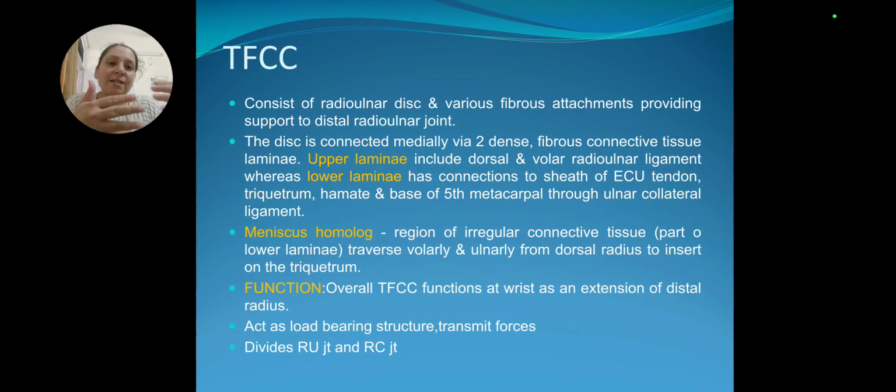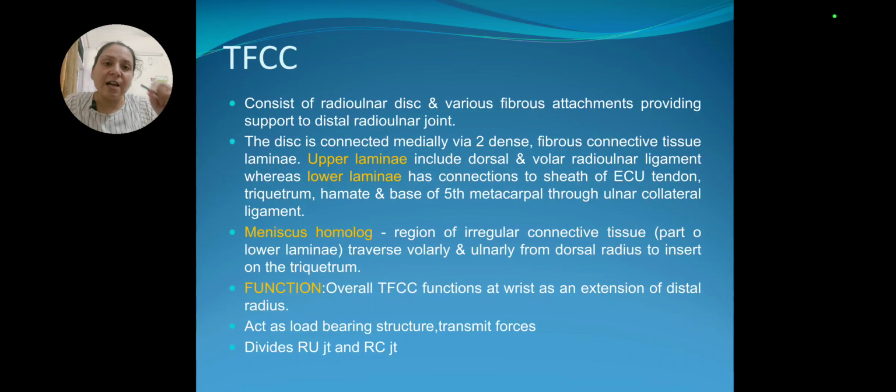So the lower lamina is connected more as compared to the upper lamina. The upper lamina has only the volar and dorsal radio-ulnar ligaments, whereas the lower lamina connects with the extensor carpi ulnaris tendon, ulnar collateral ligament, triquetrum, hamate, and the fifth metacarpal.